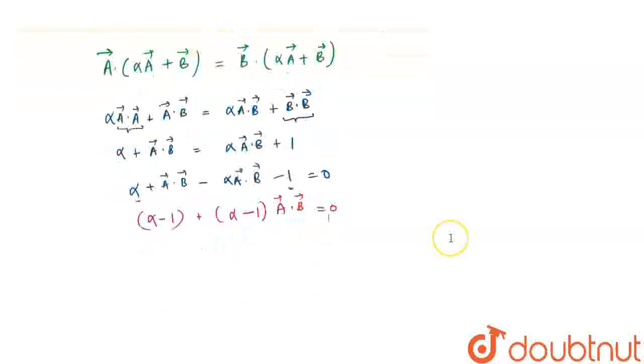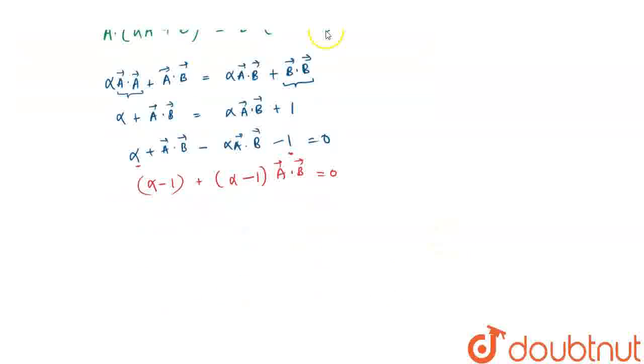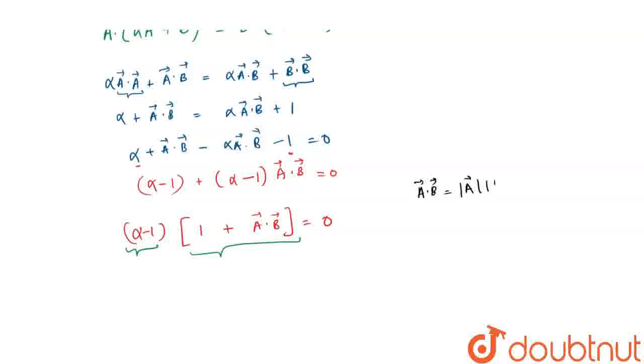Now moving forward, if we take alpha minus 1 common, we will remain with 1 plus A vector dot B vector equals 0. So this means either alpha minus 1 will be equal to 0, or 1 plus A vector dot B vector will be 0. Now here we know that A vector dot B vector is equal to mod of A into mod of B cos theta.